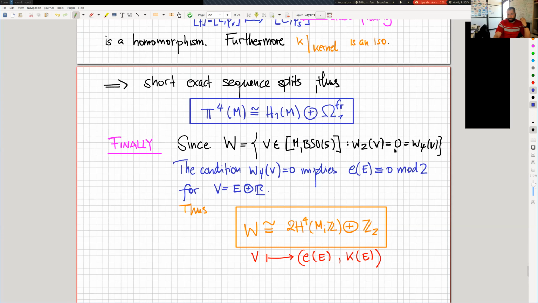And if you drop this condition of W4, you see that these vector bundles, I didn't write this down, but it's in my article, are uniquely determined by their Euler class, right? So this is the other part which I didn't write down. But if you drop this condition here, then it's just determined by a characteristic class again.